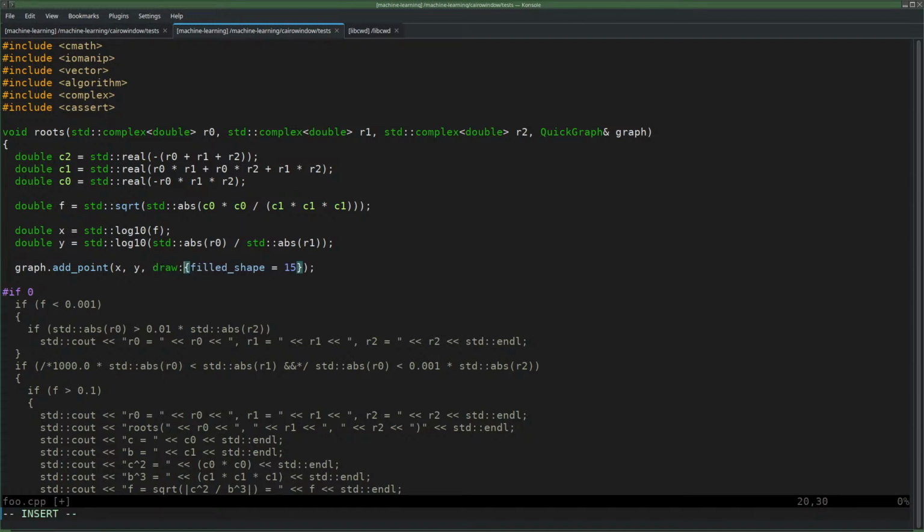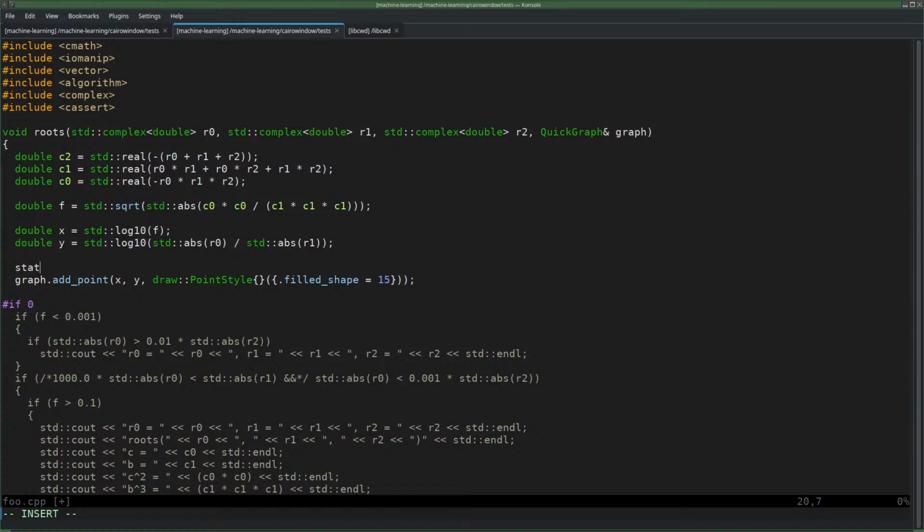So we have a draw point style. Then you can call something on it. I think this works. And yeah, I don't know. Maybe it makes more sense to just create the thing once.